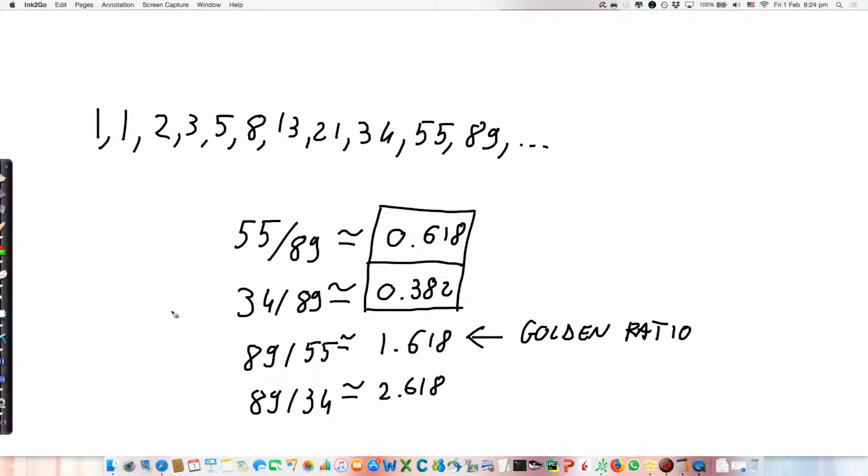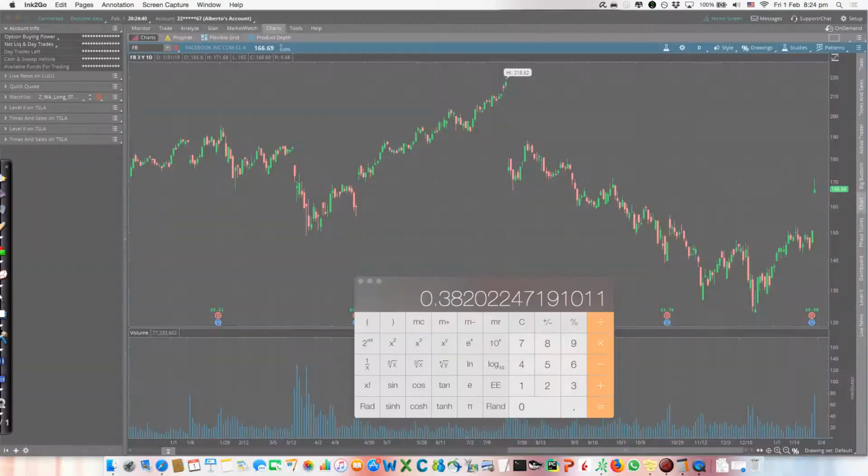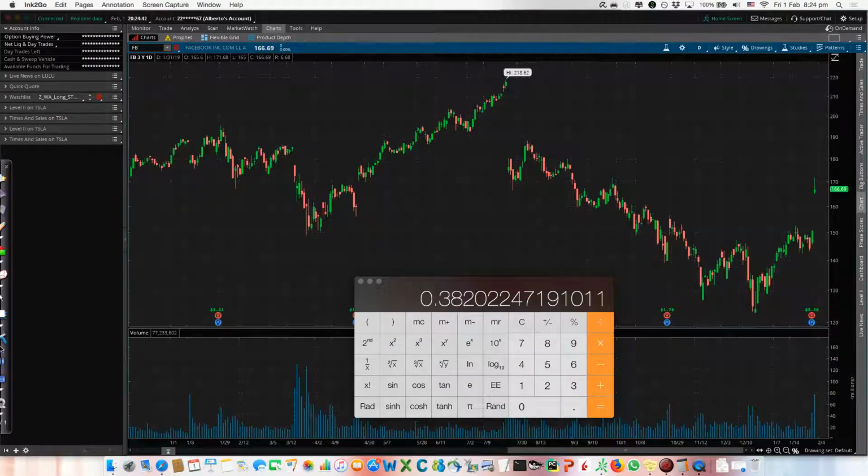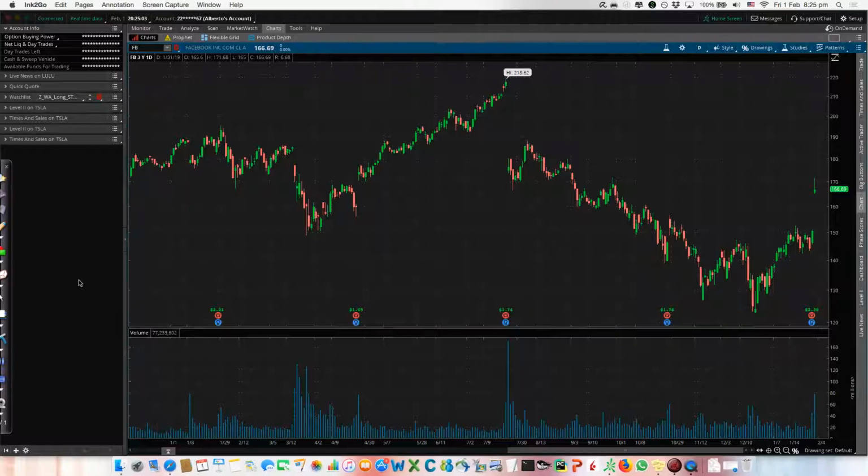And if we do the opposite, 89 over 55, yeah, it's 1.618, and 89 over 34 is around 2.618. Okay, so why is this important?